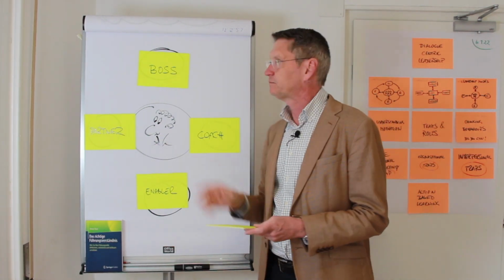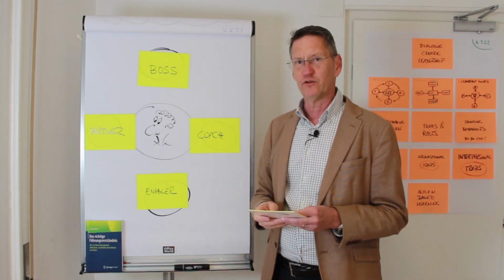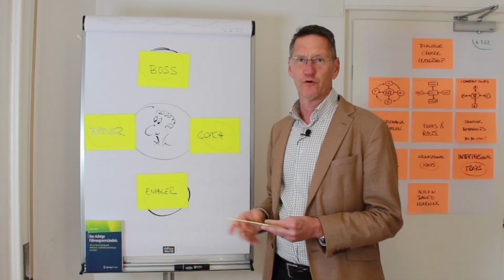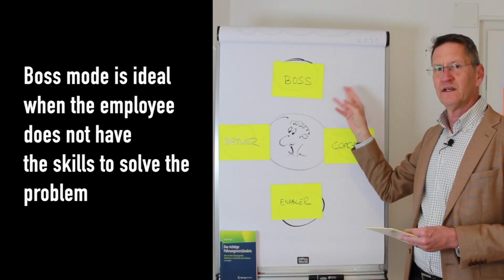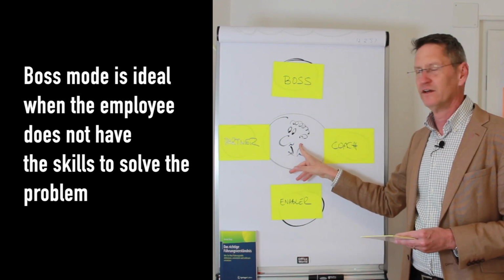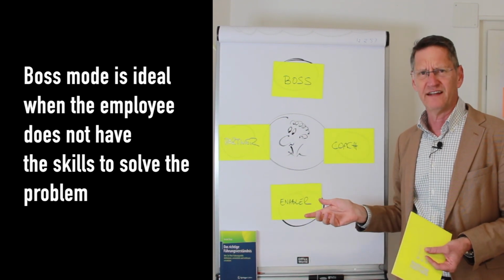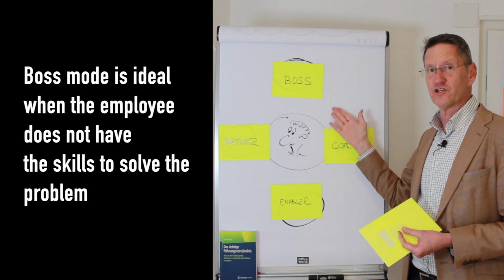Now, what's interesting about these 4 modes is that depending on the situation, a mode would be more appropriate or not. For example, the boss role is appropriate where the employee simply does not have the skills, where discussion doesn't make sense, it's not necessary, where there's a certain sense of urgency.